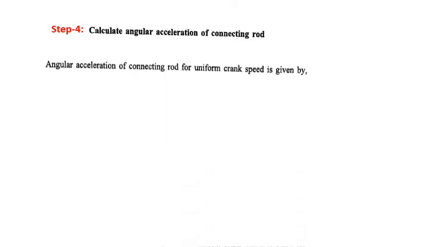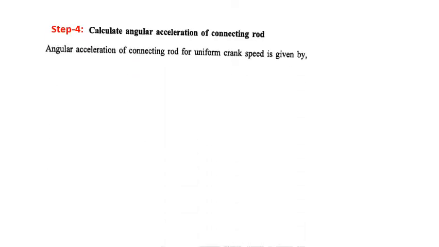The last one, in step 4, we are going to calculate the angular acceleration of the connecting rod, that is alpha c. The formula for calculating the angular acceleration of the connecting rod is alpha c is equal to minus omega square into sine theta divided by n.